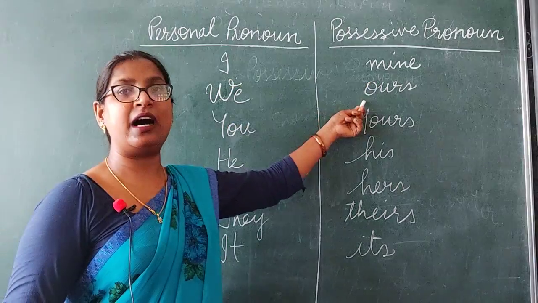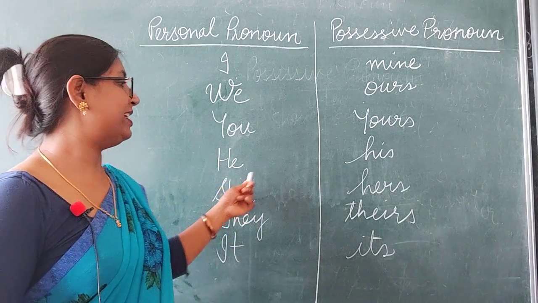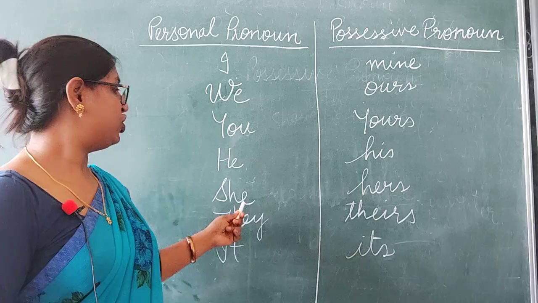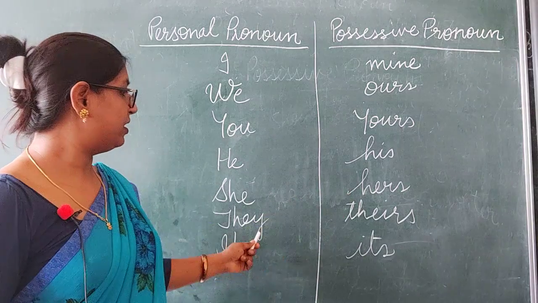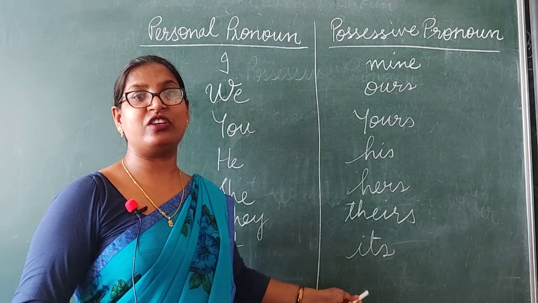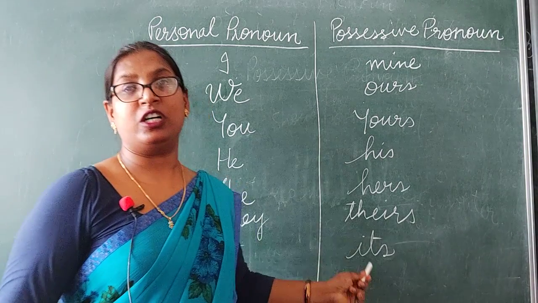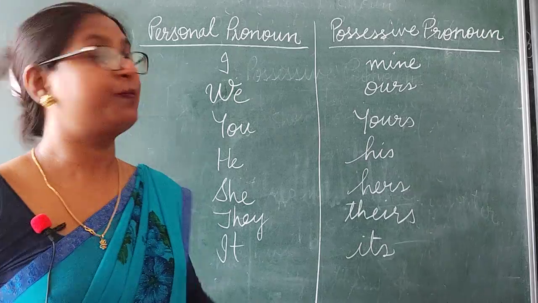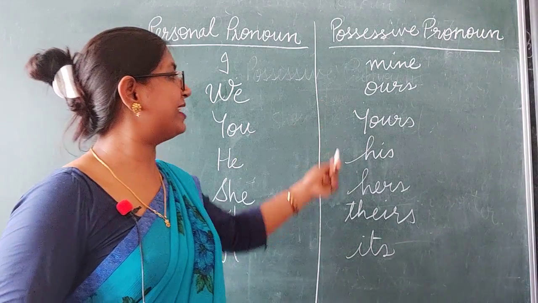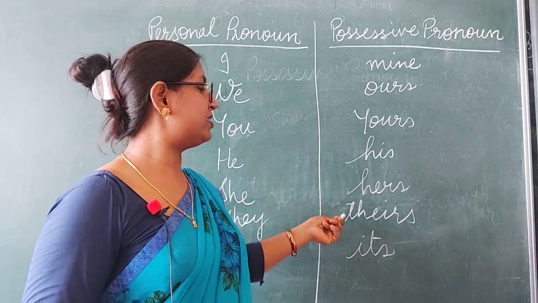We, ours. You, yours. He, his. She, hers. They, theirs. It, its. Dear children, usually we avoid using its as a possessive pronoun. So, the rest you can see here: mine, ours, yours, his, hers, theirs.